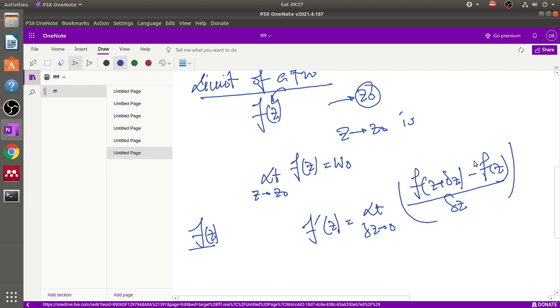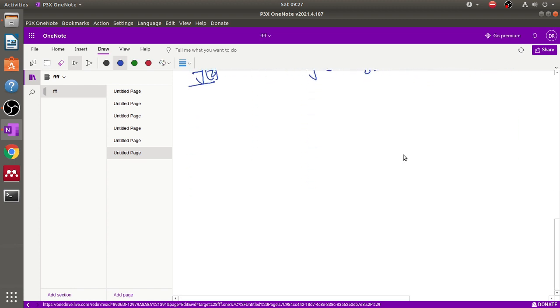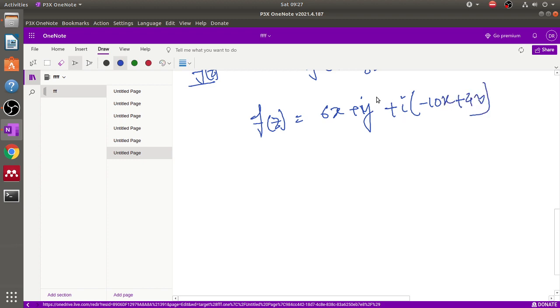Now consider one function, for example f(z), which is represented by the equation 6x plus y plus i times minus 10x plus 4y. Derive the term df by dz.